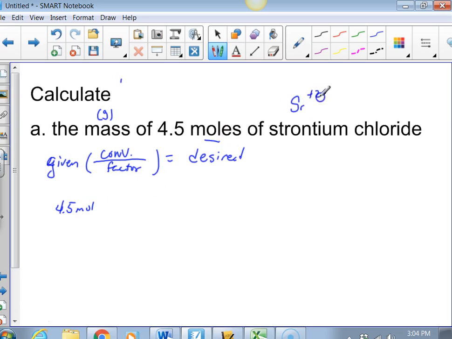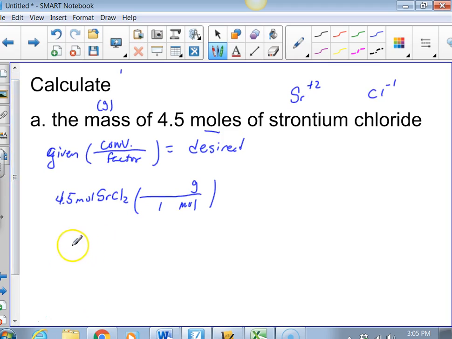Strontium is a positive 2, chloride is a negative 1, so this is going to give SrCl2. We want to know the mass per number of moles. What we have to find here is the mass of 1 mole and then multiply it by 4.5.